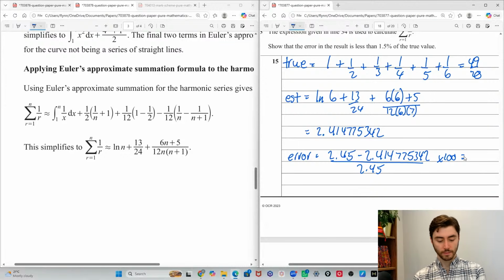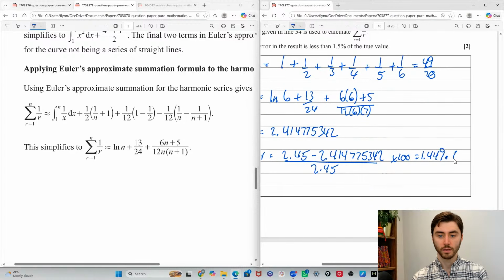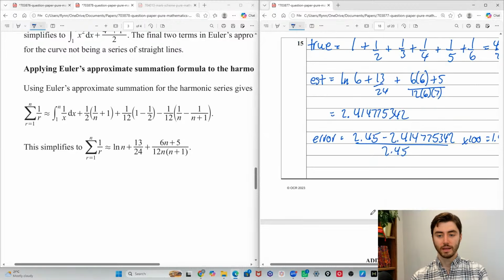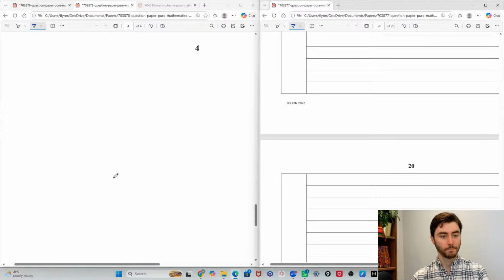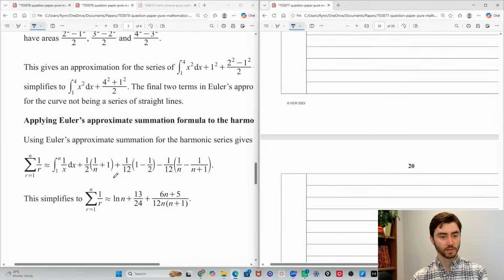And that is 2.414775342. So that difference over 2.45 times 100 is 1.44%, which is obviously less than 1.5%. And that is me done with the paper. End of questions.